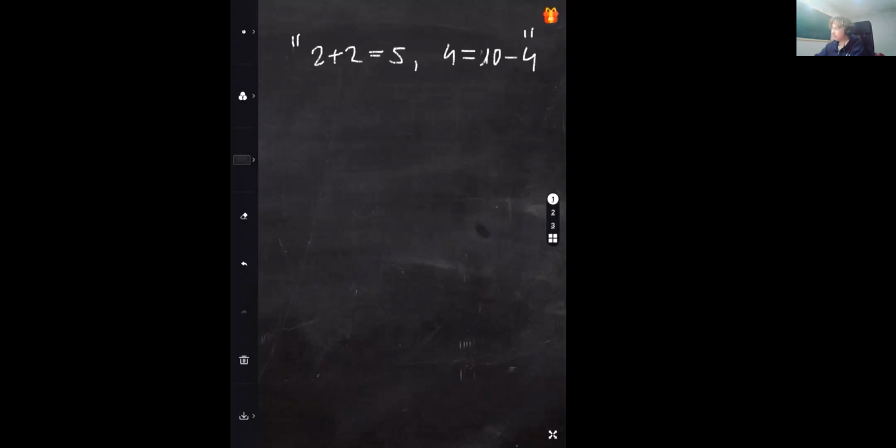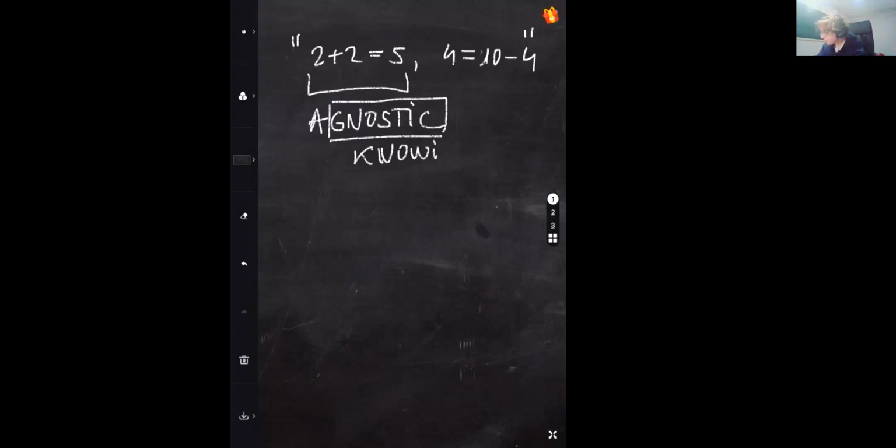Okay. So this is our hypothesis, right? And you have to be completely agnostic about it. You know what it is? Agnostic. Agnostic means knowing, and this A is not.